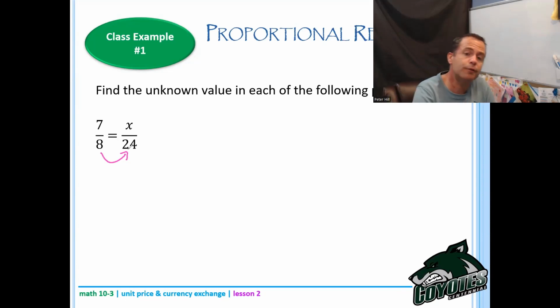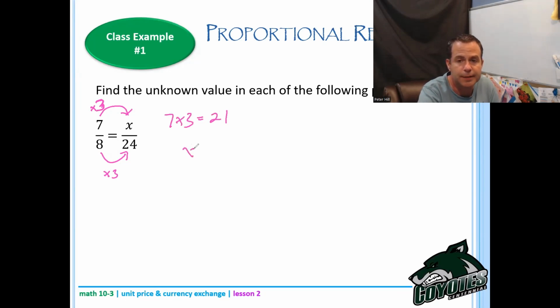So how do I go from 8 to 24? I multiply by 3. Whatever I do to the bottom, I have to do the same thing to the top. So if I go 7, oh, sorry, I was thinking about the 7, so I wrote 7. That should be a 3. So 7 times 3 is 21. So that means x has to be 21.